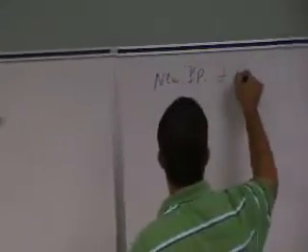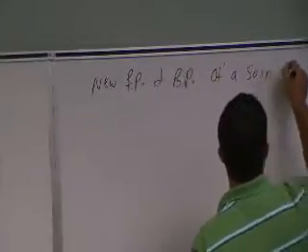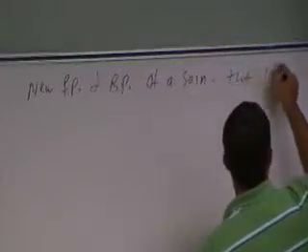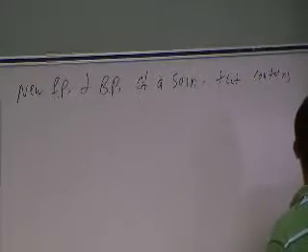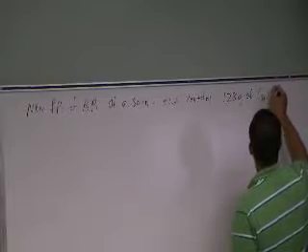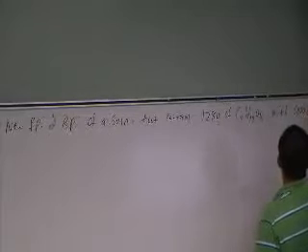So, tell me the new freezing point and boiling point of a solution that contains 128 grams of sugar with 1,000 grams of water.